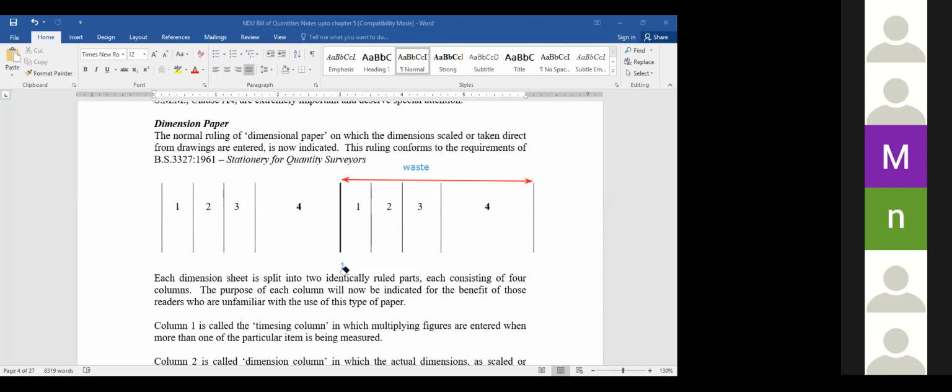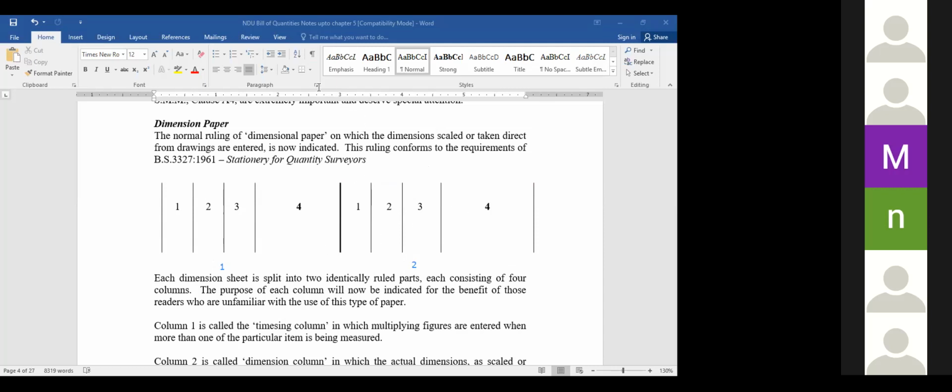So what we do is this. We remove that. I call this page 1 and I call this page 2. So my sheet of paper is divided into page 1 and page 2.